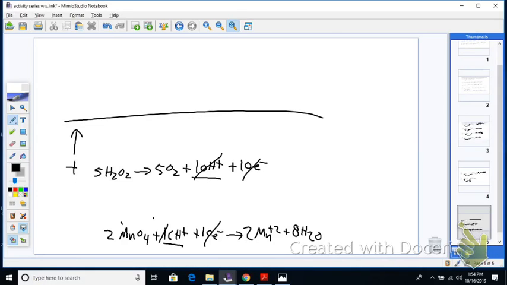Because that's H. So then what you do, rewrite this equation up above. Combine anything on the left side of the arrow, right above on the left side. Anything on the right side of the arrow that's not canceled out, right above on the right side. Go ahead and do that.